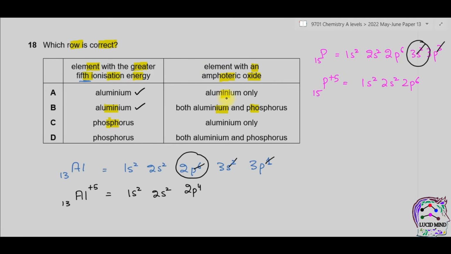Now aluminum oxide, Al2O3, is amphoteric in nature. It can react with acids, it can also react with bases. While phosphorus has an acidic oxide. It is not amphoteric, so it is aluminum only. Correct answer then should be A.